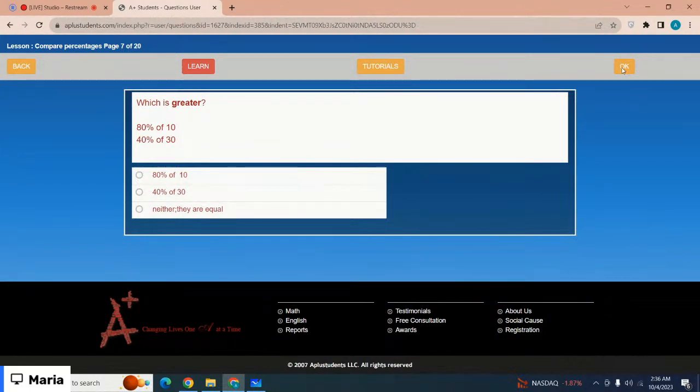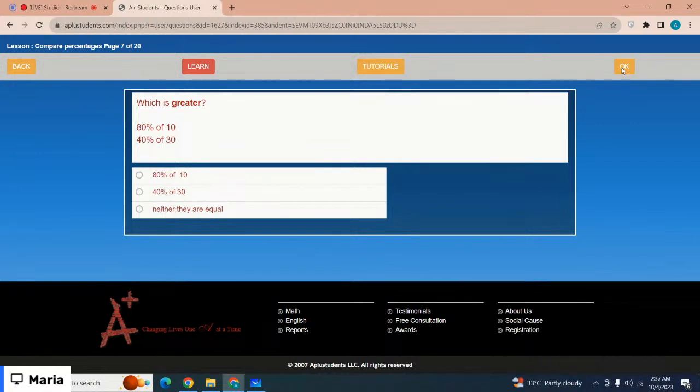Which is greater, 80% of 10 or 40% of 30? You have to calculate 80% of 10 and 40% of 30. 10 is smaller than 30, right?